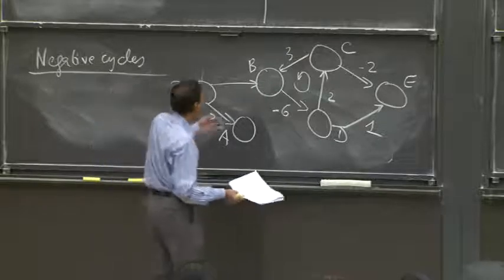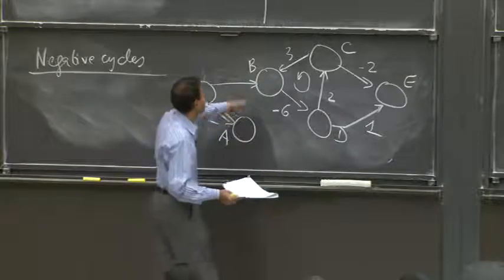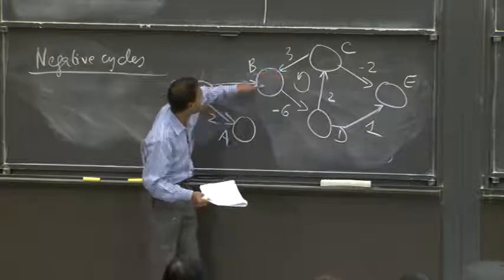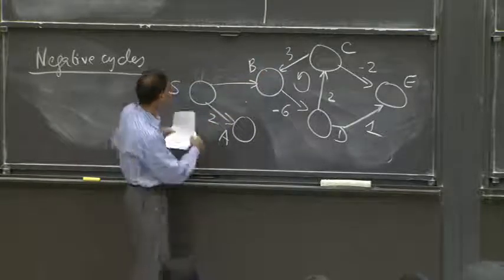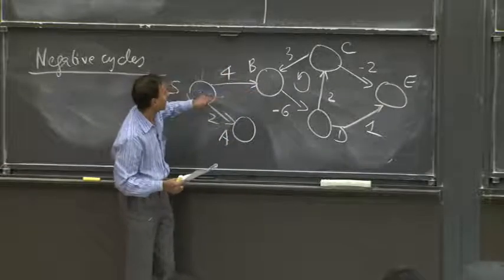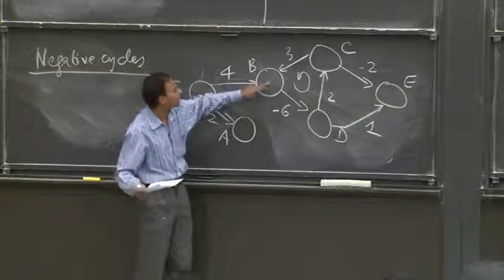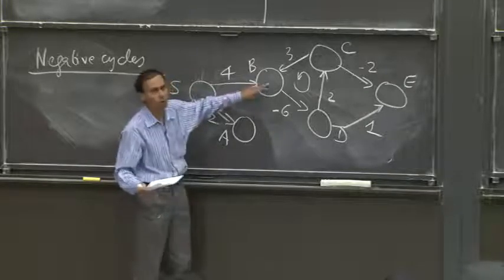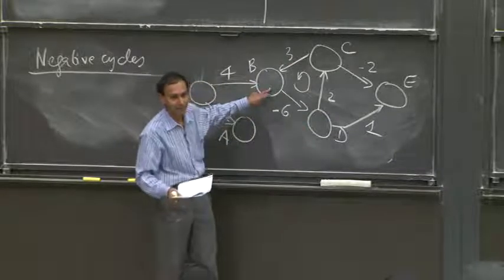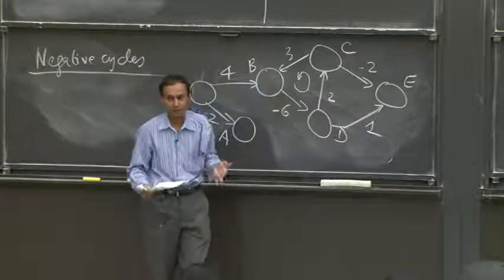It's potentially not a bug in implementation, but a bug in the algorithm, because the termination condition isn't set properly. You could get to B, and you say, well, I'm done, delta of SB is 4. But that's not true, because you could get back to B with a weight of 3, and then do it again with a weight of 2, and so on and so forth. That's the problem.